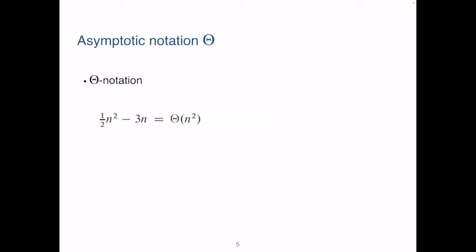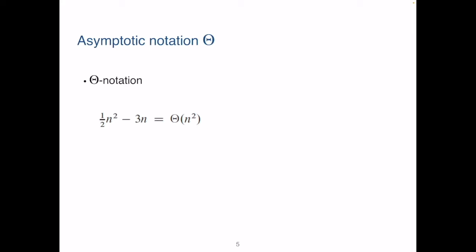Now we know the theta notation allows us to ignore lower order terms and all the coefficients and only focus on the leading term's order. In this first example, where we all agree with its equality, let's use the formal definition of theta to prove this equality.